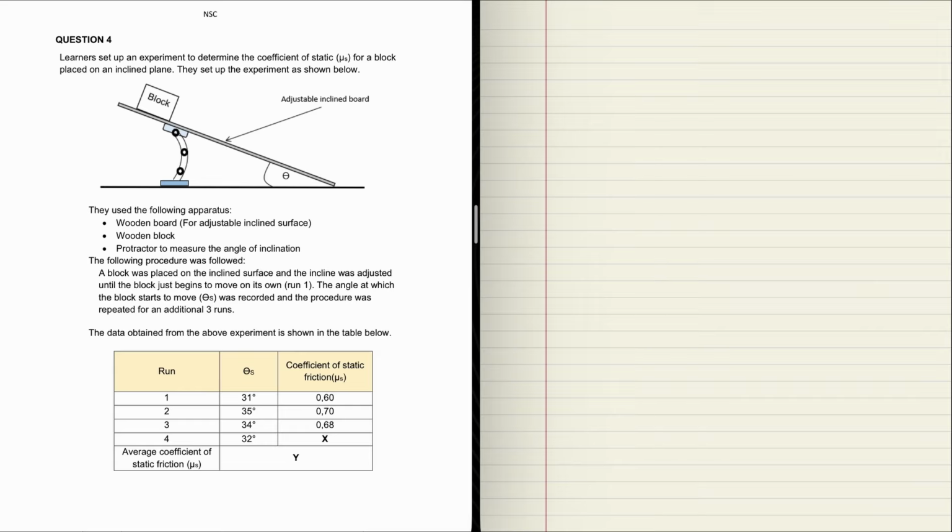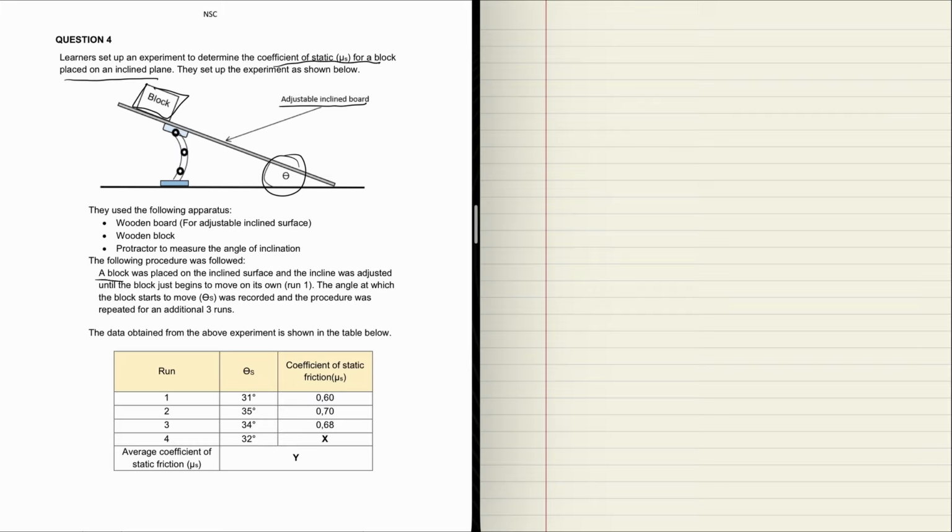Learners set up an experiment to determine the coefficient of static friction for a block placed on an inclined plane. They set up the experiment as shown below. They've got an adjustable inclined board with a block on it. They've obviously raised this board up to some angle theta, and they followed the following procedure.